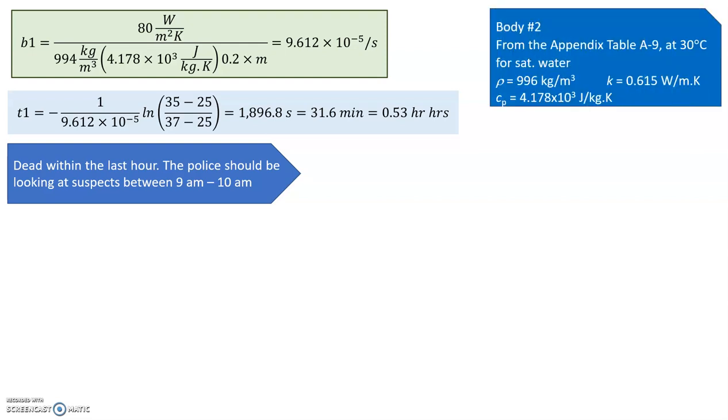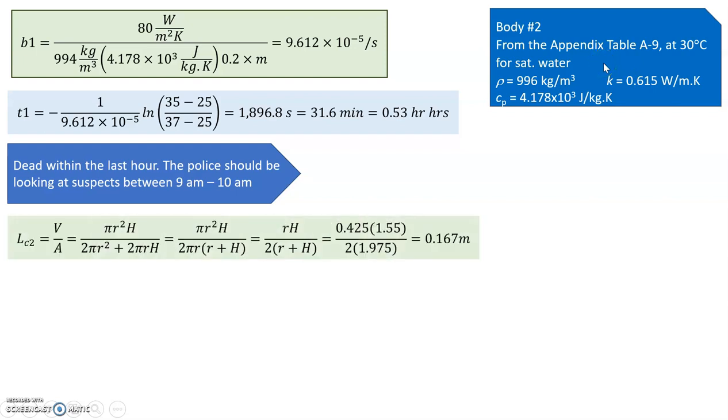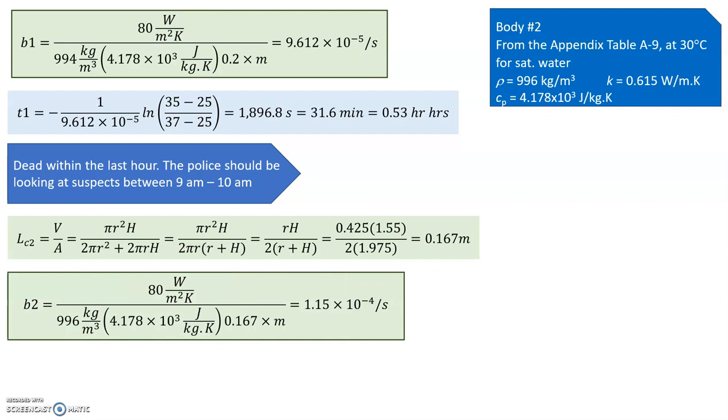For body number 2, from the same appendix as you found the information for body number 1, for saturated water, you collect the information, this time at 30 degrees C, for the density, thermal conductivity, and specific heat. Then you find the characteristic length for body number 2, substitute into equation 4.4, and you find the value for B2.